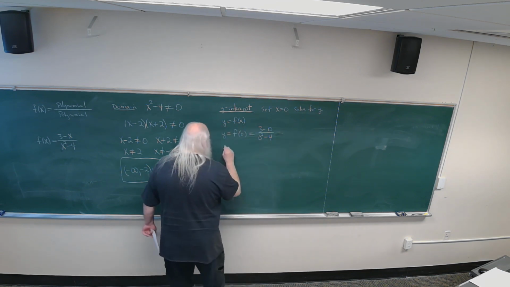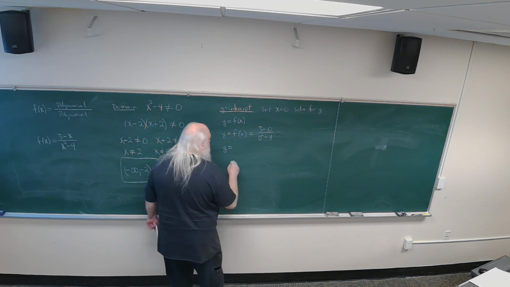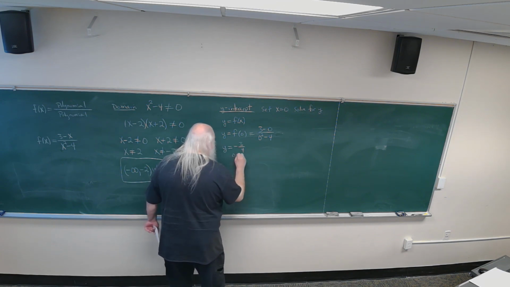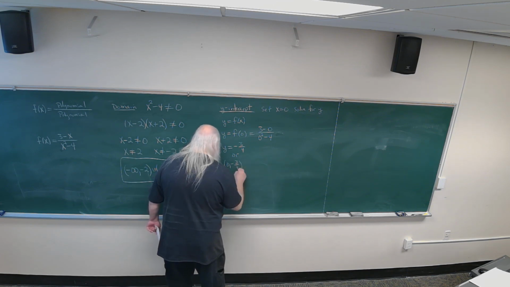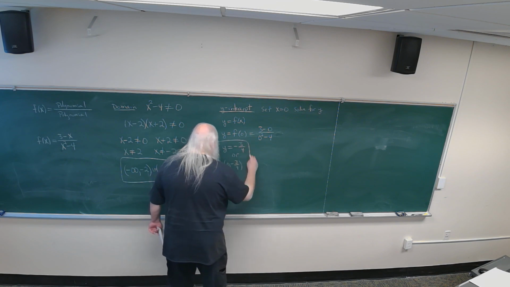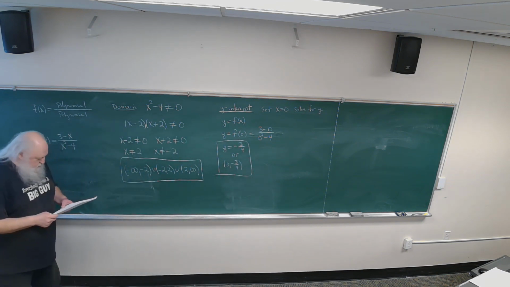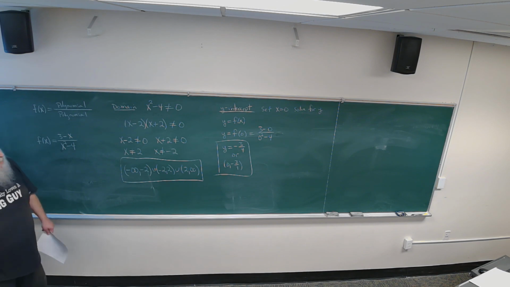And when you simplify that, you get y is equal to minus 3/4, or the point 0, minus 3/4, coordinate point. Cool beans?